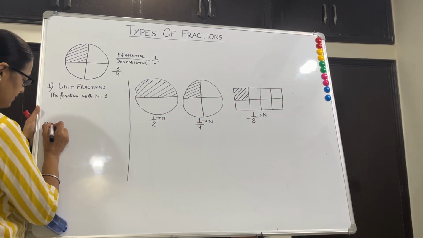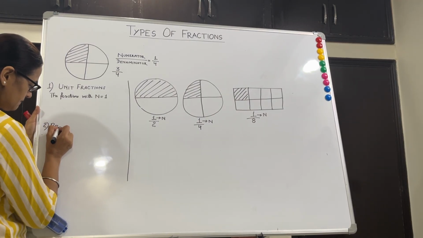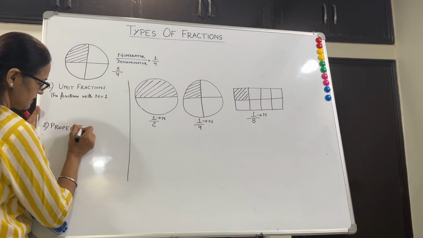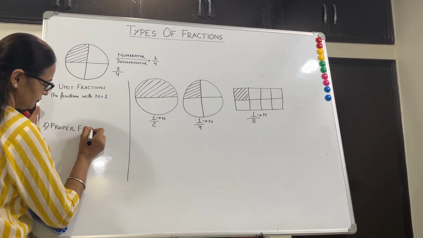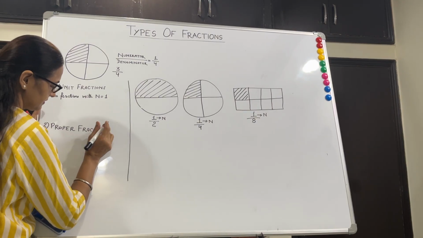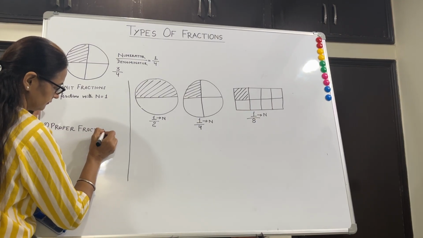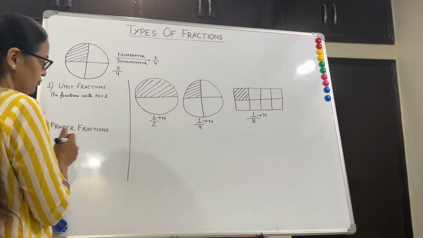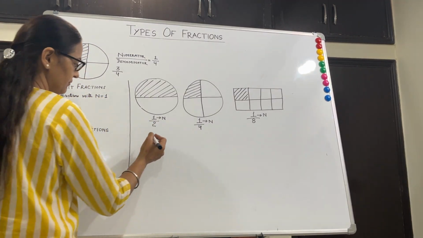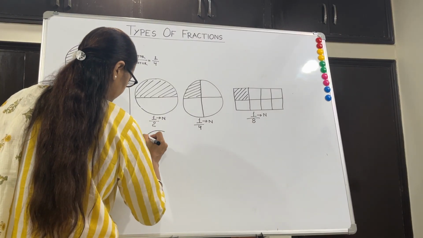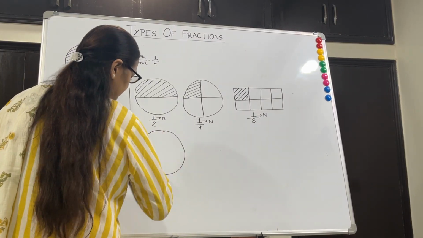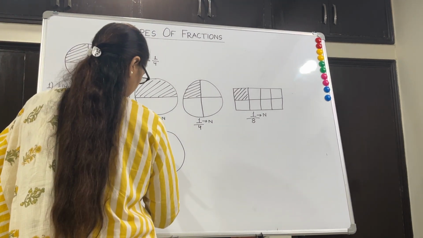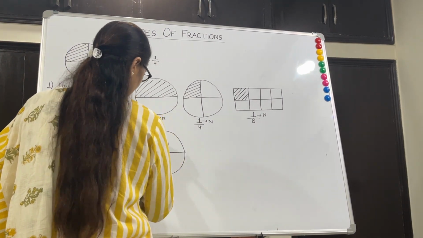Second one is proper fractions. What are proper fractions? Again I am going to take one example. Here we have got a pizza.